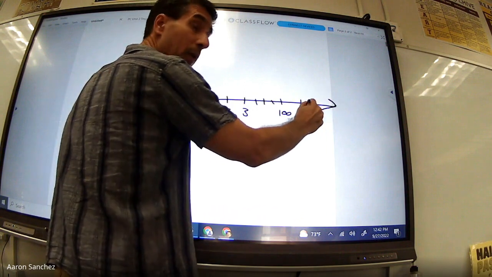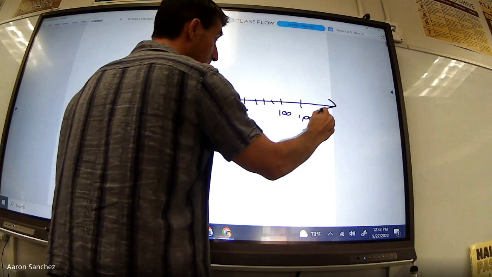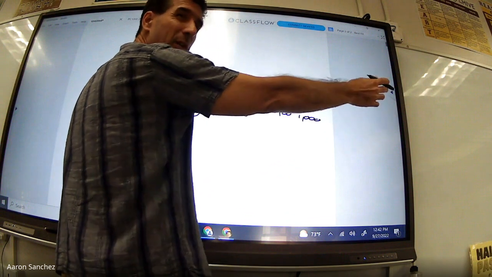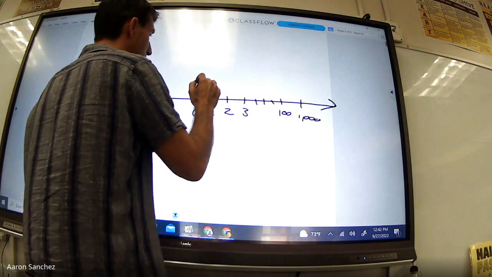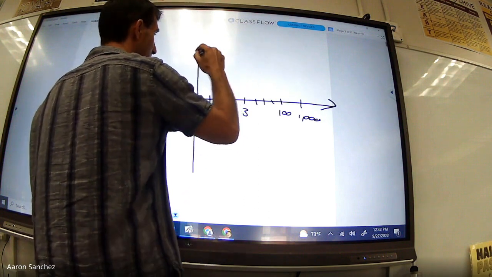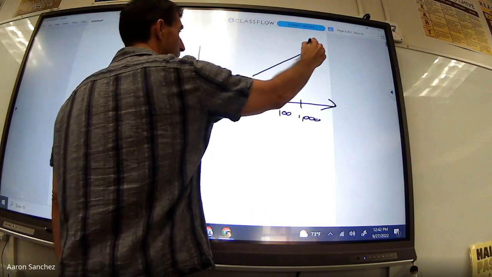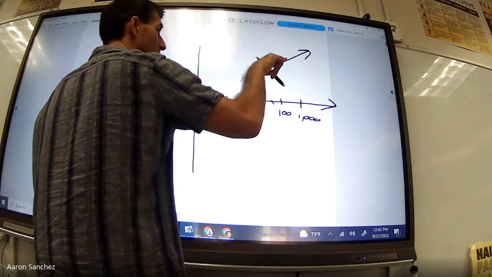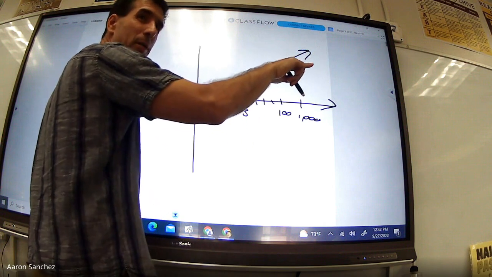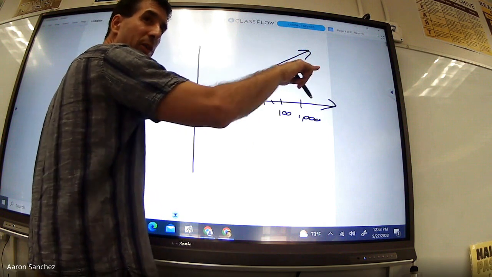Keeps going, right? 1,000. All the way to what? That's infinity, right? So if I was to do my function, it's going to have ends this way. What is it when it goes that direction? How do I recognize going that direction? The x going to infinity is that.